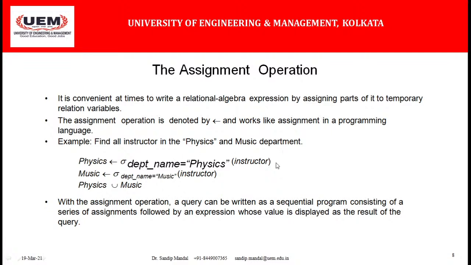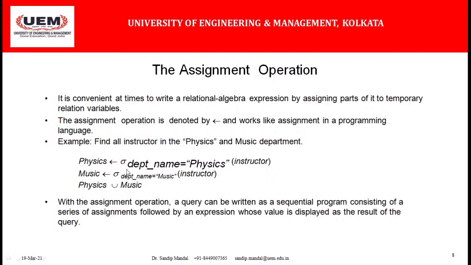To find all instructors from the physics department, we simply use select from instructor where department name equals physics. This particular query is mapped to the result. It's just a notational change, no actual changes in the query. The relational query is just assigned to the result part.